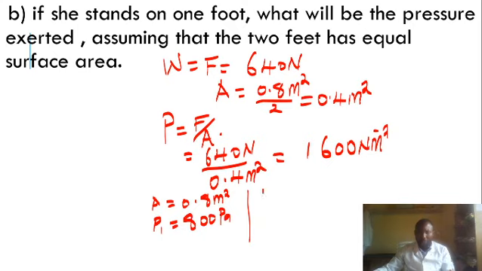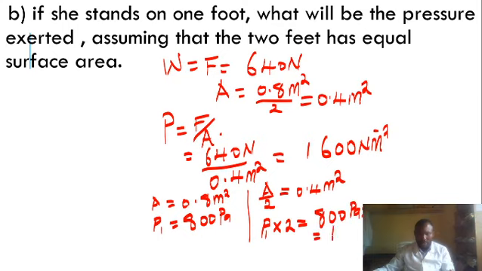Now, when the area was halved to 0.4 meter square, our pressure was multiplied by 2. So our P1 has been multiplied by 2, 800 Pascal times 2.